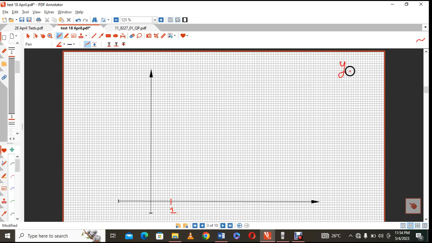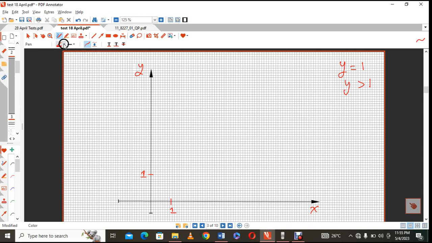So the line y equals 1, but the inequality was y is greater than 1. So if my 1 is over here, it's a line that will be parallel to the x-axis, that being the x-axis over there, that being the y-axis over there.